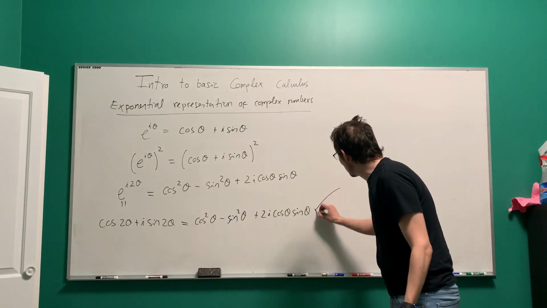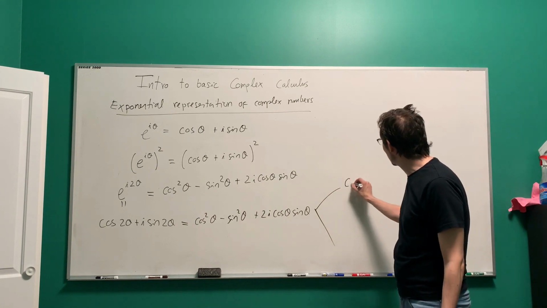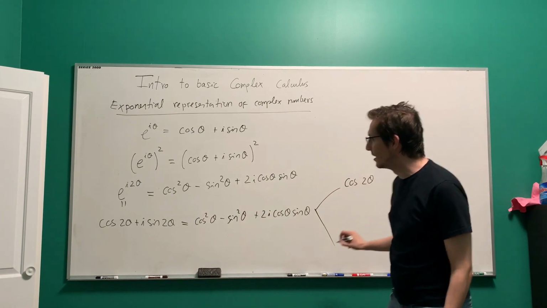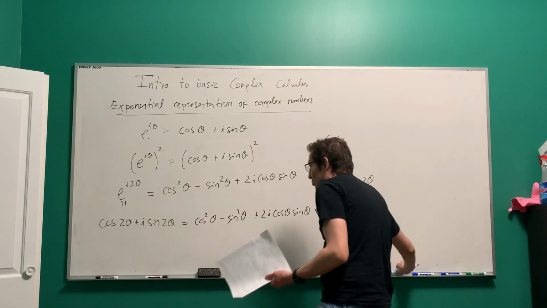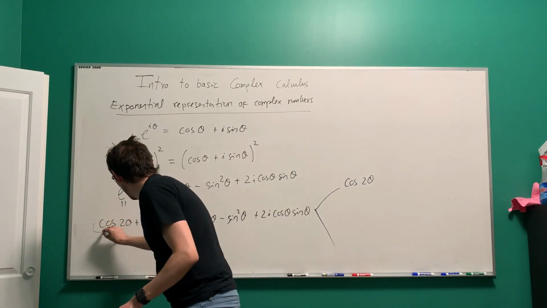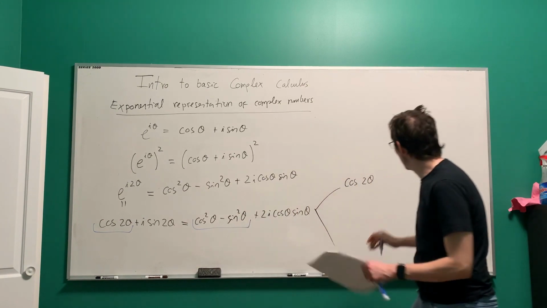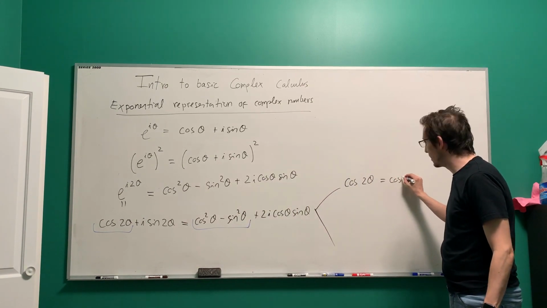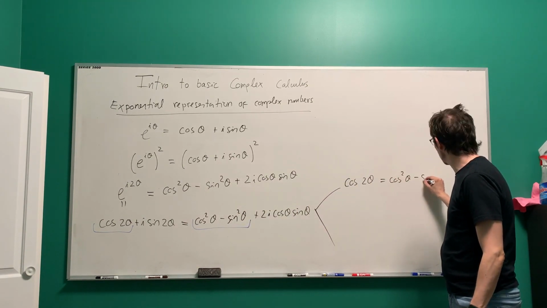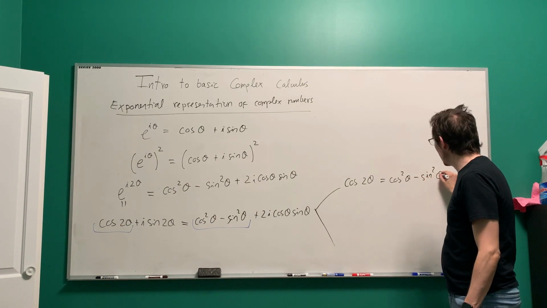If I write these two equations, the real and the imaginary separately, let's use colors. The real part on both sides has to be equal: the cosine of 2 theta is equal to cosine squared of theta minus sine squared of theta.